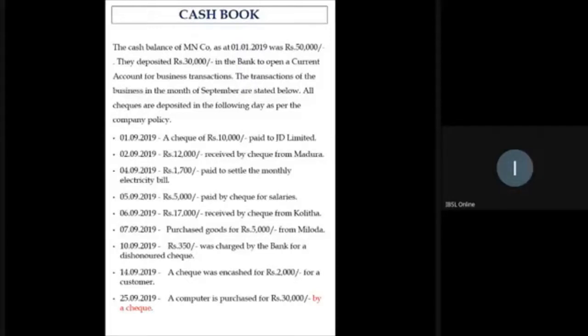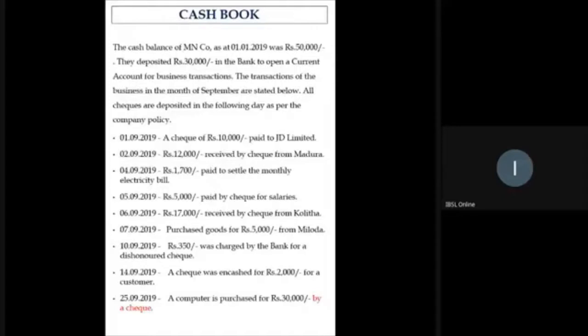Now what is the relevance to the cash book? The bookkeeper, or the person who is maintaining the accounts, as and when you receive a check, will record it in the cash column, as if there was money received. They don't record it in the bank column, they record it in the cash column.